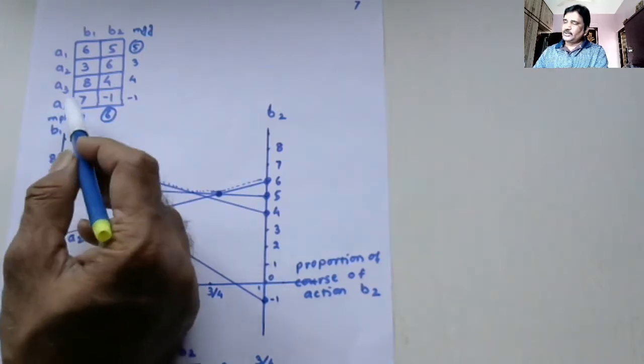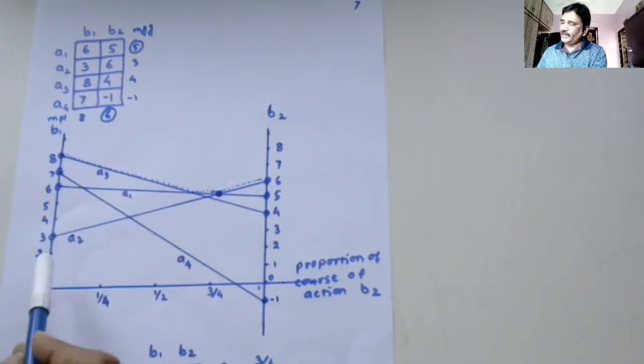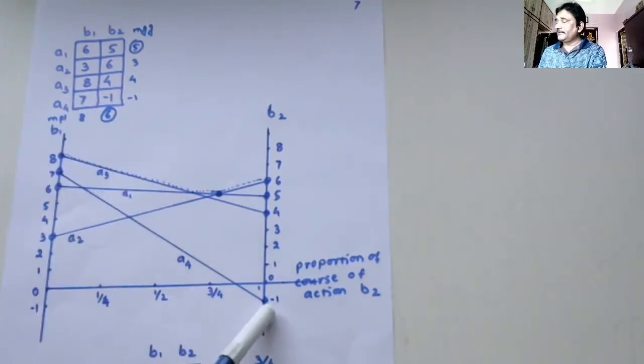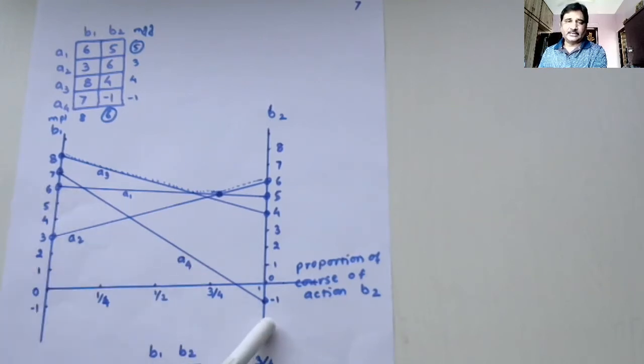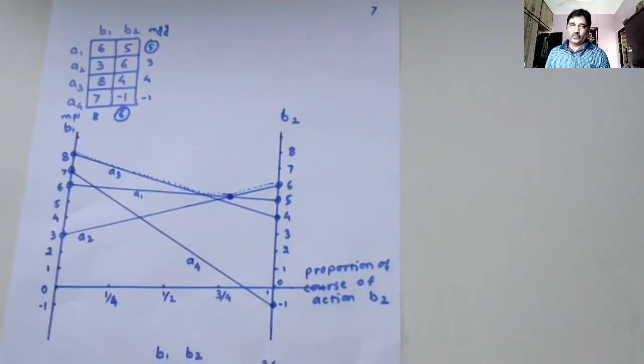Instead, I prefer to draw a line for 7 and 1, 7 and minus 1, like I have drawn here. Drawing a line takes very little effort compared to eliminating that row. So there is no need of reducing the game by the dominance principle if you have decided to solve the game by the graphical method.